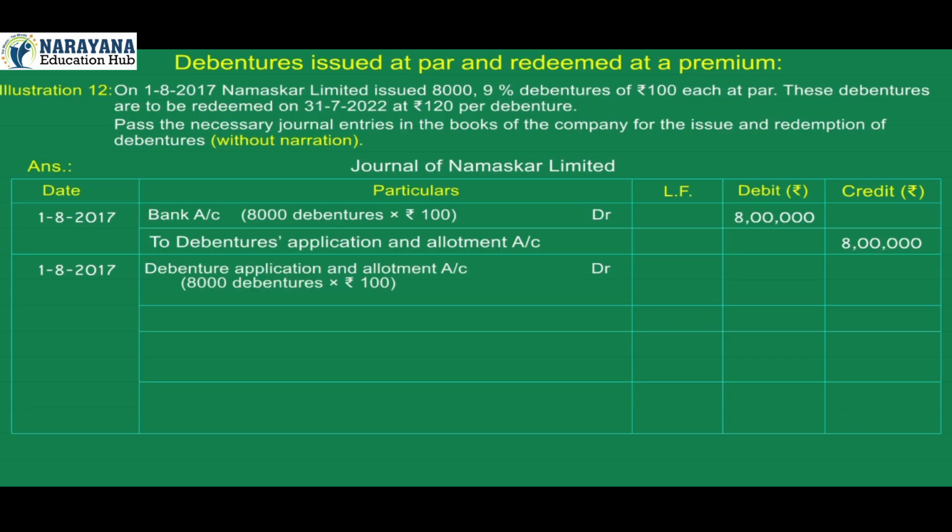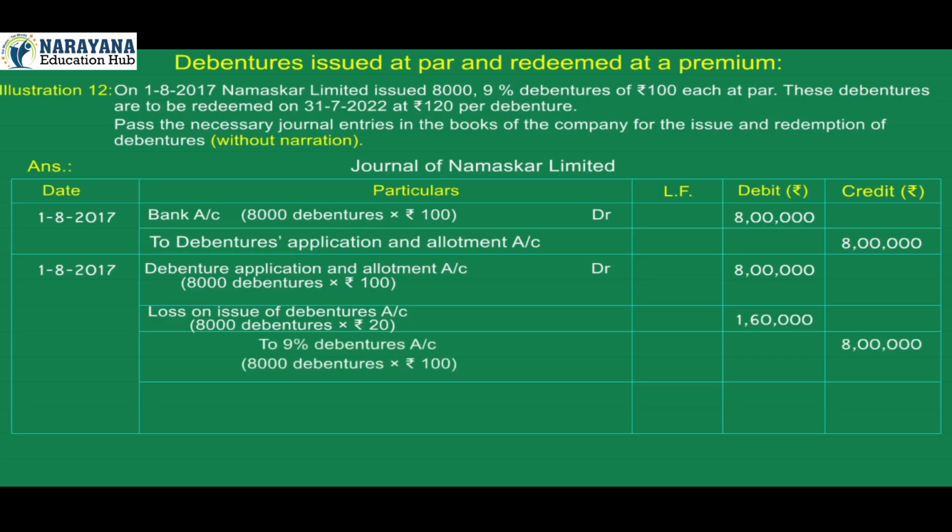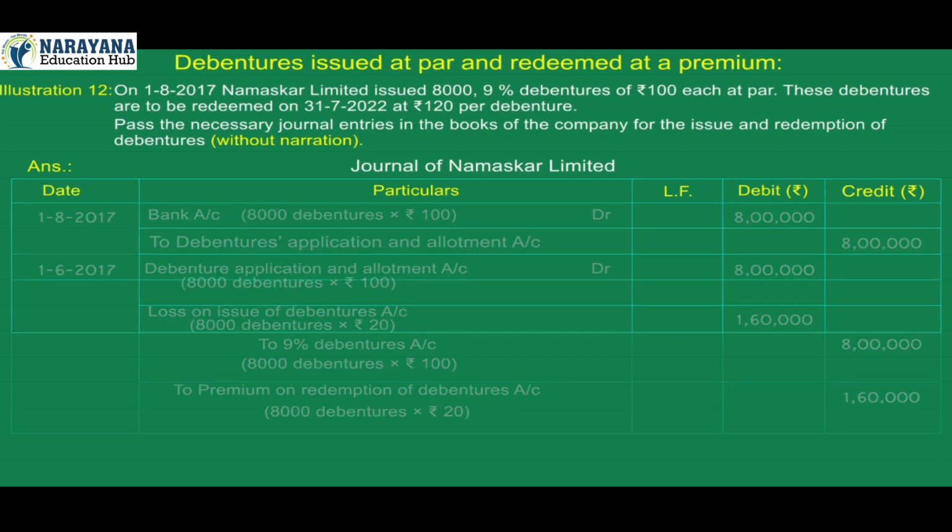Debenture application and allotment account debit 8 lakh, 8,000 debentures into ₹100. Loss on issue of debentures account debit 1,60,000, 8,000 debentures into ₹20. To 9% debentures account credit 8 lakh. To premium on redemption of debentures account credit 1,60,000, 8,000 debentures into ₹20.